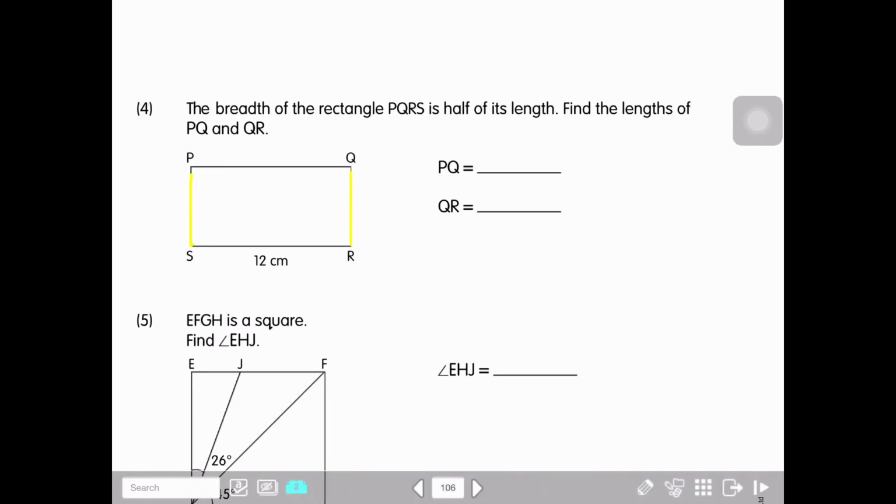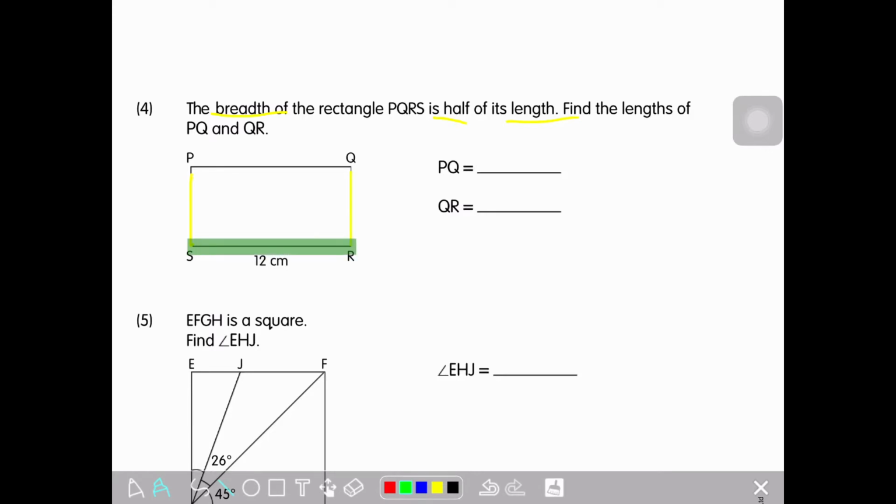Now we see that the breadth of the rectangle is half of the length. What is the length of the rectangle? The length of the rectangle is SR, which is 12 cm.